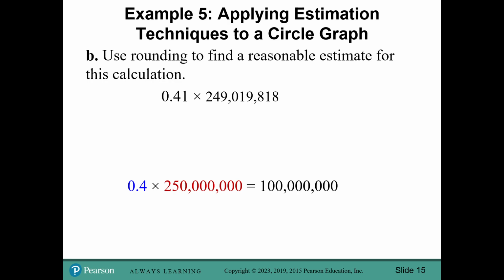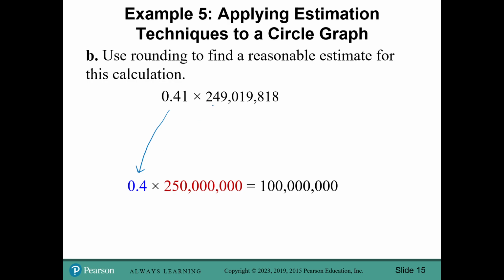If we were to do that, we would use rounding to find a reasonable estimate for this calculation. So the rounding that we are going to use here is we're going to round that 41%, that 0.41, down to 40%.